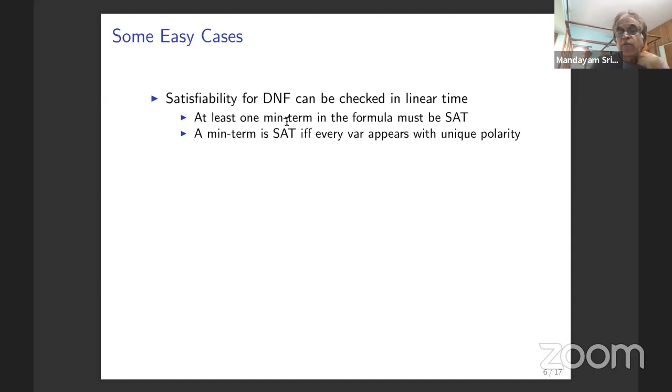For a formula in DNF to be satisfiable, one of its minterms must be SAT. It's enough if one of the minterms is SAT. And a minterm is satisfiable if and only if no variable occurs in it with both polarities. You can't have A and not A. So it's fairly easy; one pass through your formula will do that.